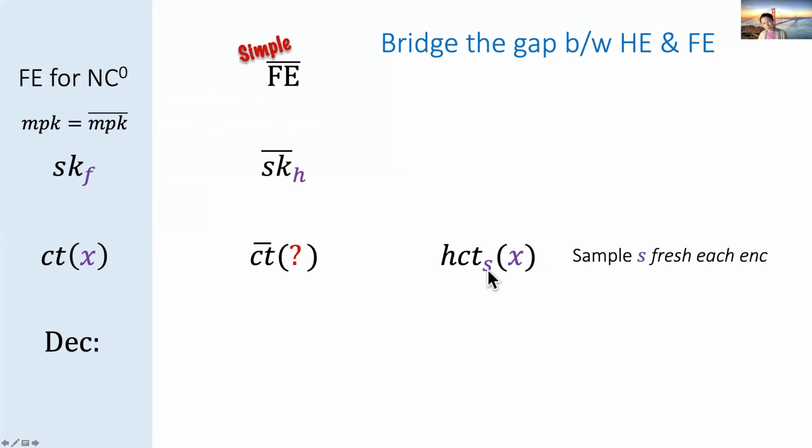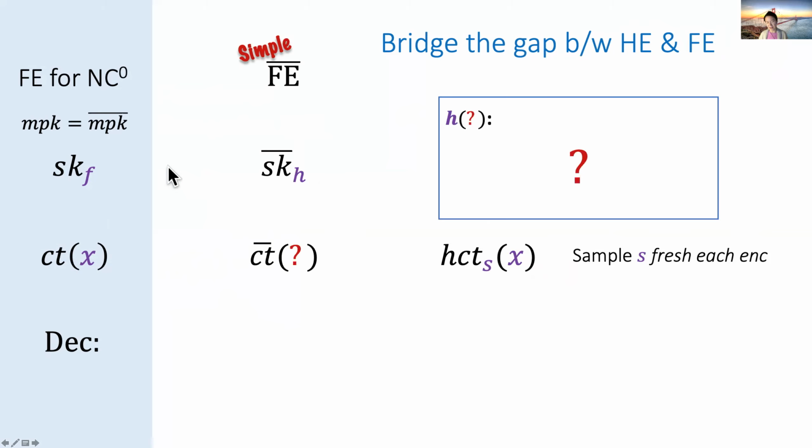Then, we would like to use a different, simpler FE scheme and include respectively its ciphertext and secret key in the FE for NC0 ciphertext and secret key. The big question we need to answer is: what is the input and the function we're going to encode using this simpler FE scheme, so that when we decrypt this pair of ciphertext and secret key, what we get is really the output of the function and nothing else.